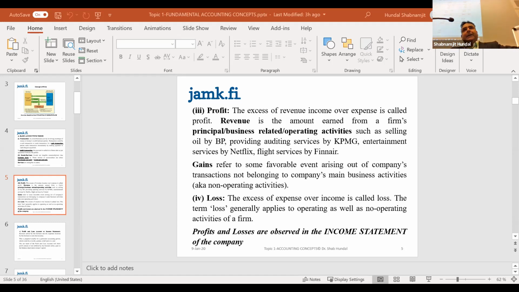But since the company is big, they also have some non-core business investments also. And if the money comes from there, it's called financing income. And at the same time, Kone has its investors, Kone has its debt holders, and that money which Kone pays them is called finance expense.